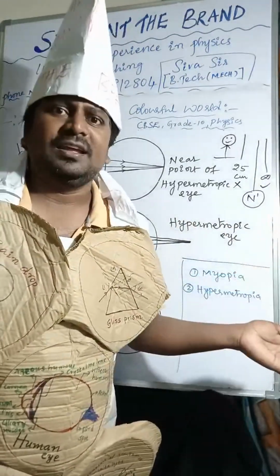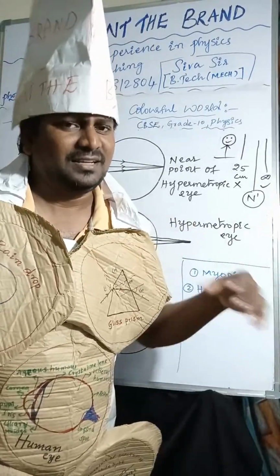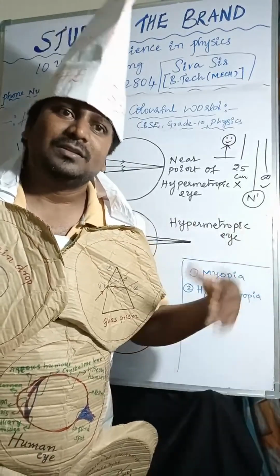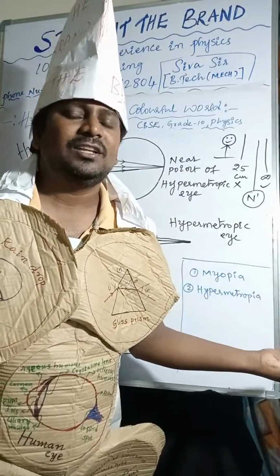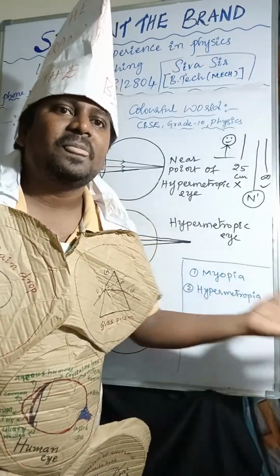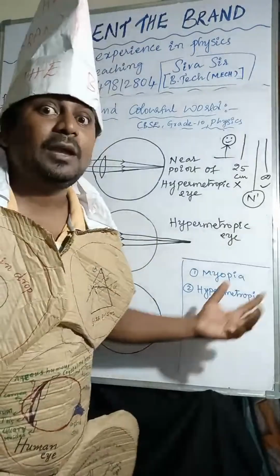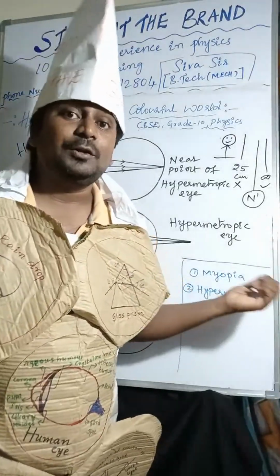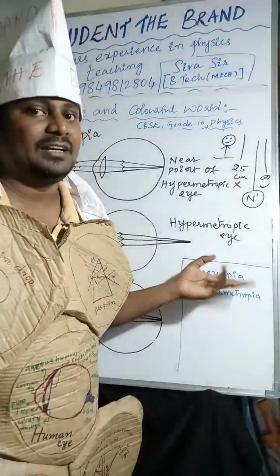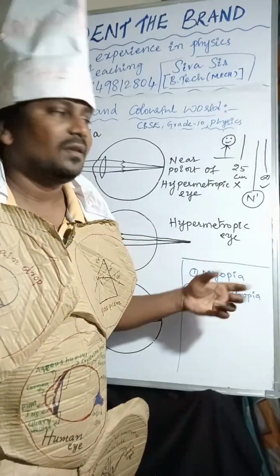It is correct only, there is no mistake in that. Myopia, we can see near distance. Hypermetropia has a long length compared to these two, we are comparing with these two.